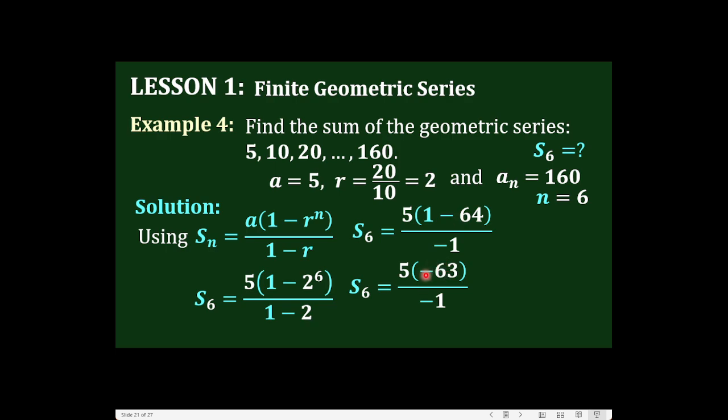Then we can divide negative 63 by negative 1. The result would be positive 63. So the expression will now become 5 times 63, and that is actually 315, which is the answer. So this is the sum of the first 6 terms of this geometric sequence.